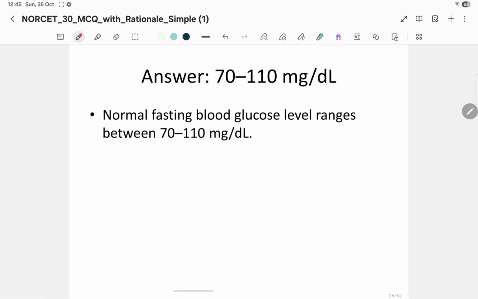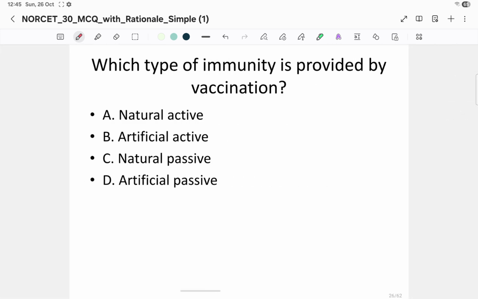Clear? Next, which type of immunity is provided by vaccine? A, natural active. B, artificial active. C, natural passive. D, artificial passive.